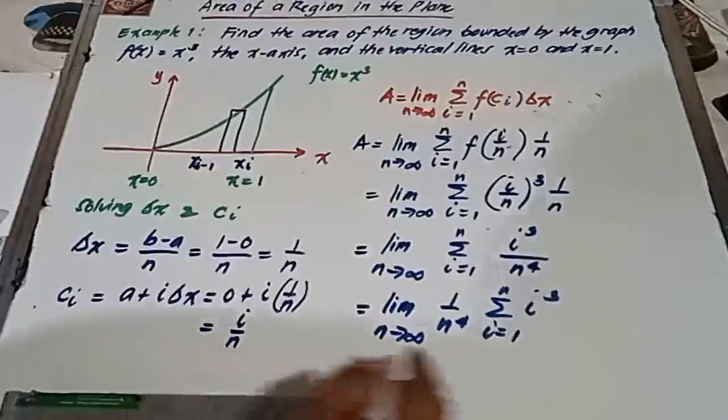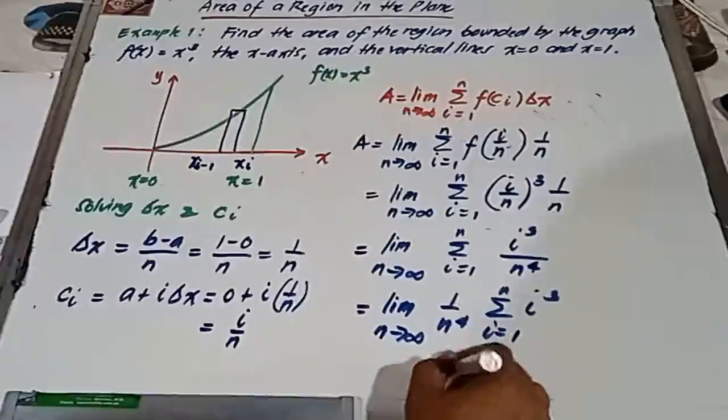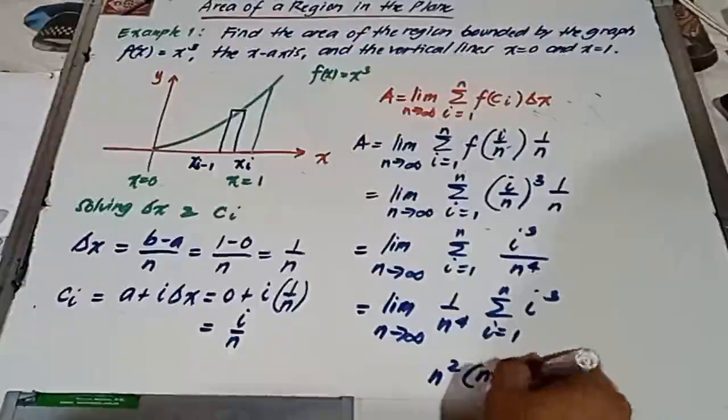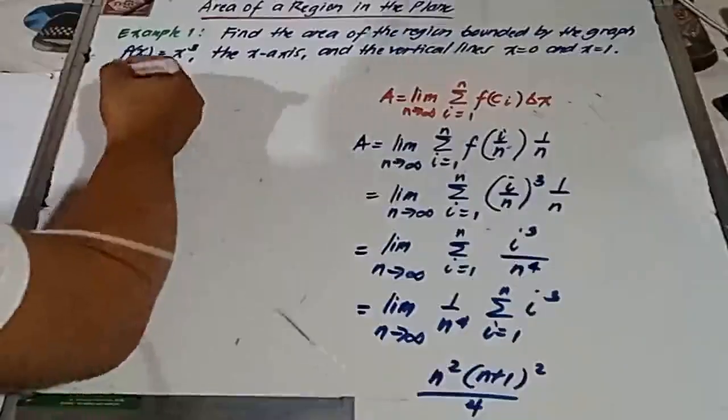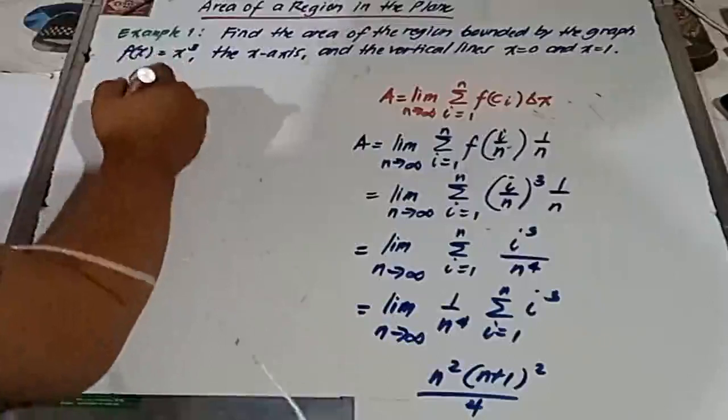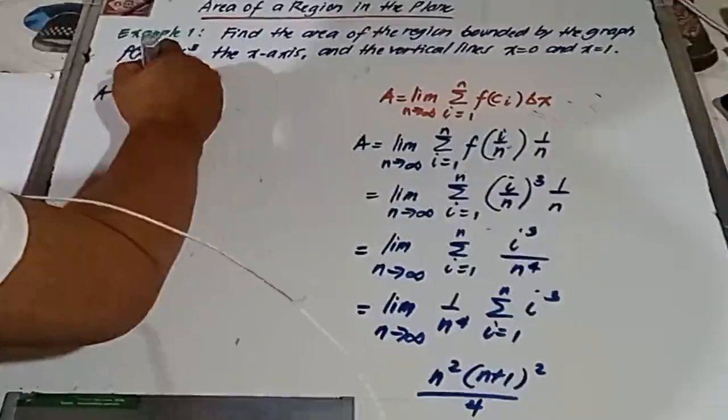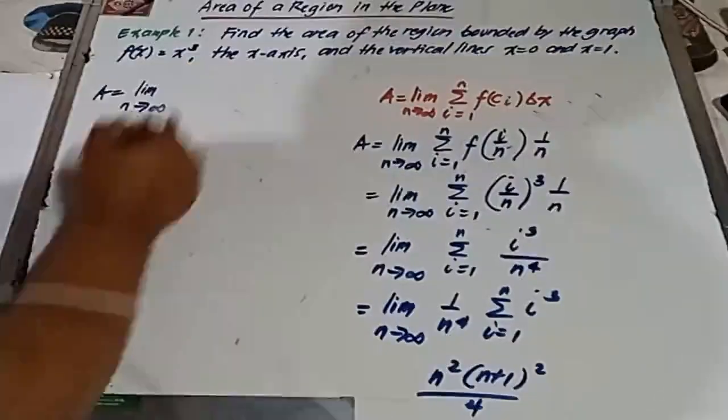So, yung formula natin for I cube is n squared times n plus 1 squared over 4. Okay? So, yun ang gagamitin natin. I-recall na lang natin yung aking mga formulas na binigay ko sa inyo. Okay? So, substitute natin. Area equal to limit n approaches infinity.